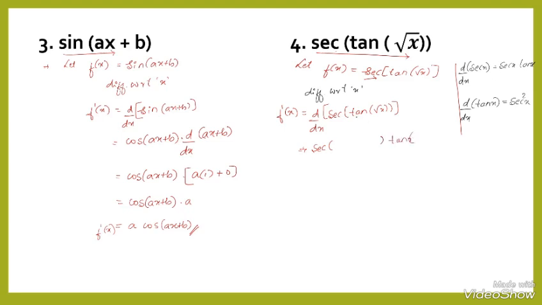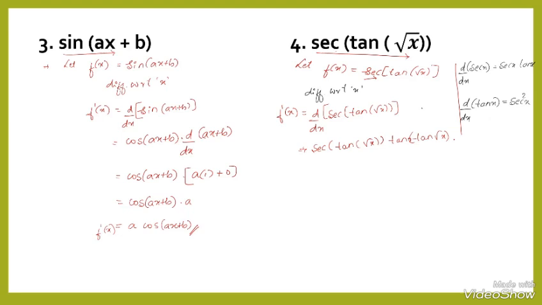Okay, here what is the value of x? Here they given tan of root x. Again, in front of x we have tan of root x. Then again we don't have any x here.